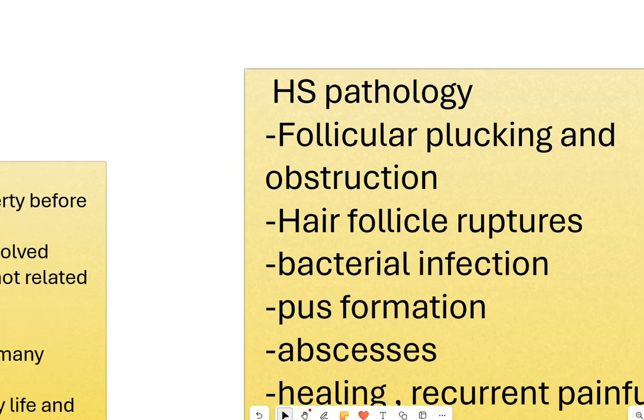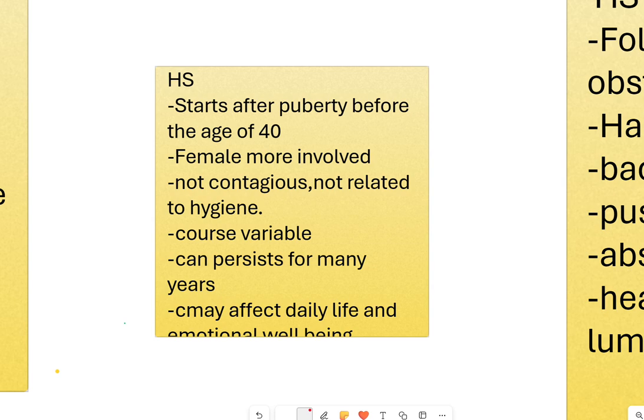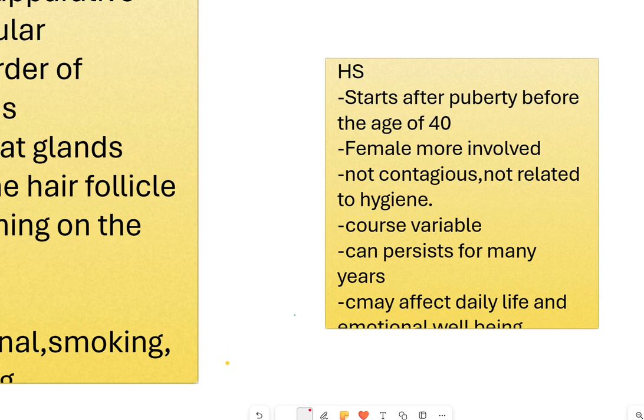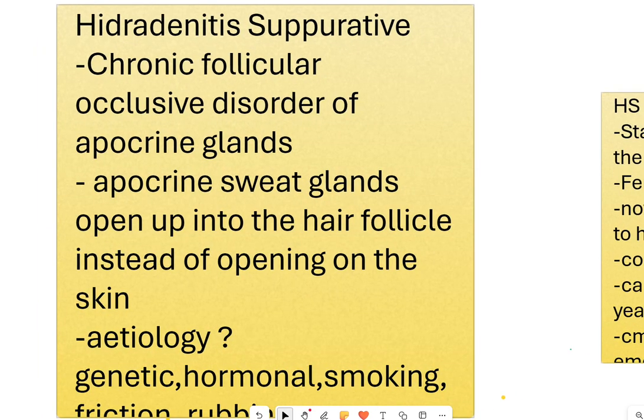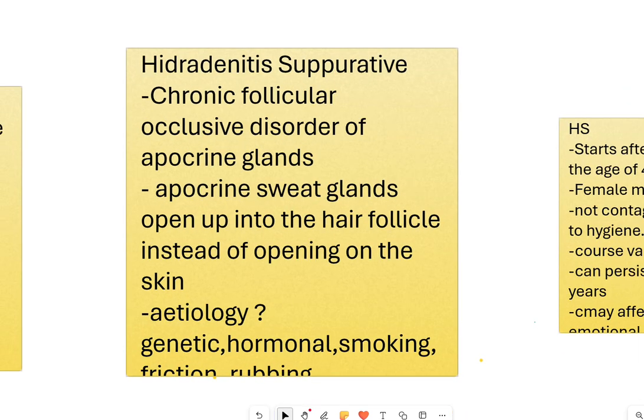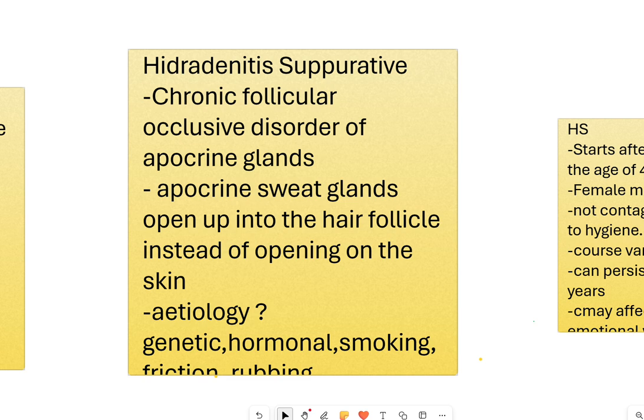Now, what is the etiological factor in HS? It is a chronic follicular occlusive disorder of the apocrine gland. So this is a chronic obstruction of the hair follicle along with the sweat glands.